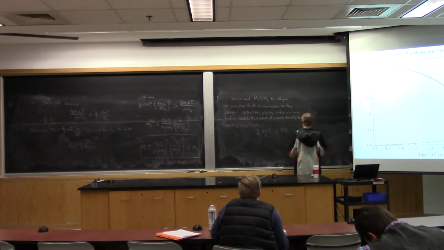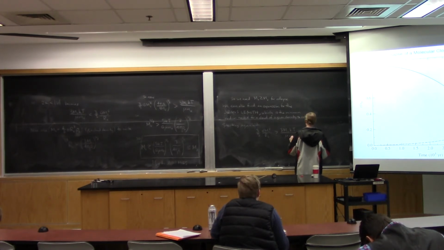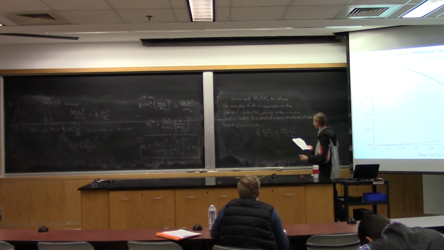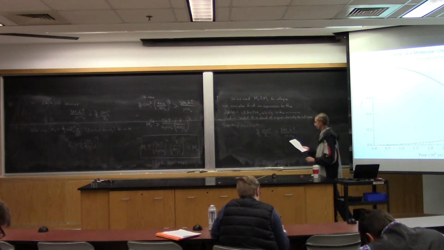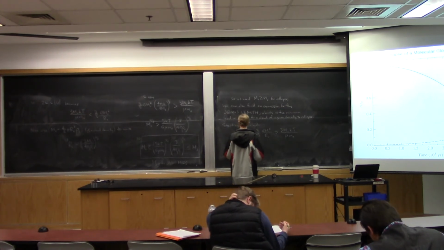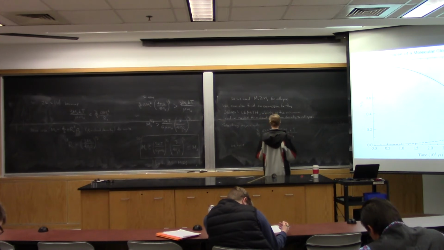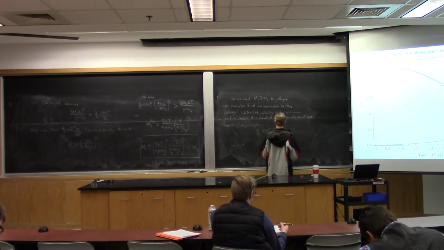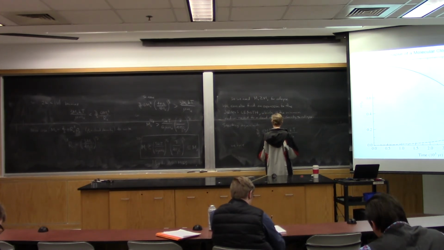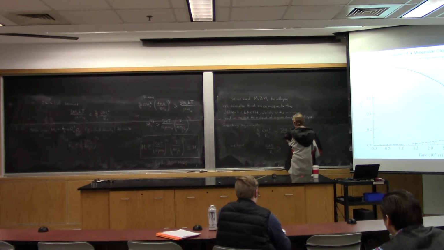Might as well flip the inequality now. We have G times the mass of the cloud over the radius of the cloud is greater than 5 kT over mu m_H.